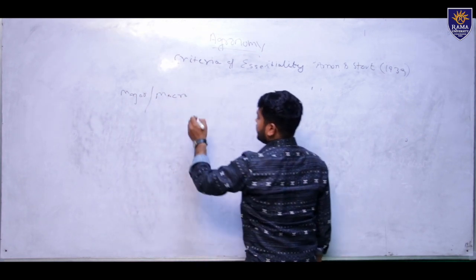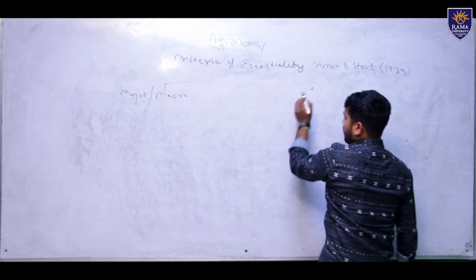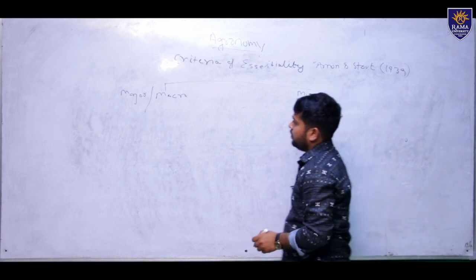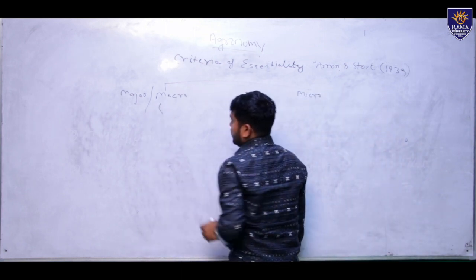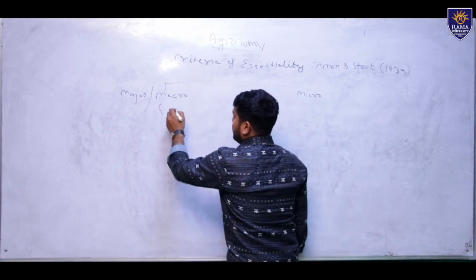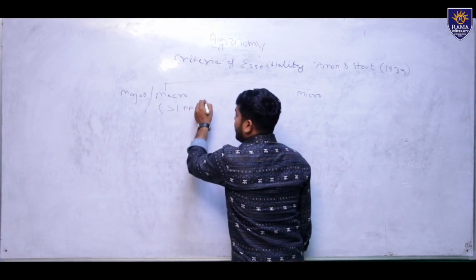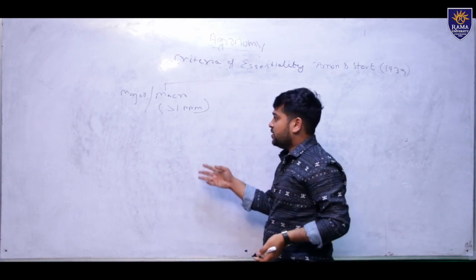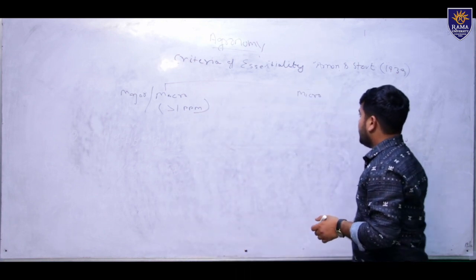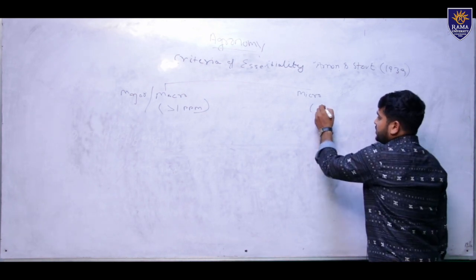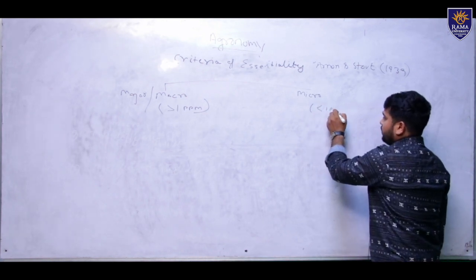Major or macro elements are required by a plant in large quantity, more than 1 ppm, while micro elements are required in less quantity, that is, less than 1 ppm.